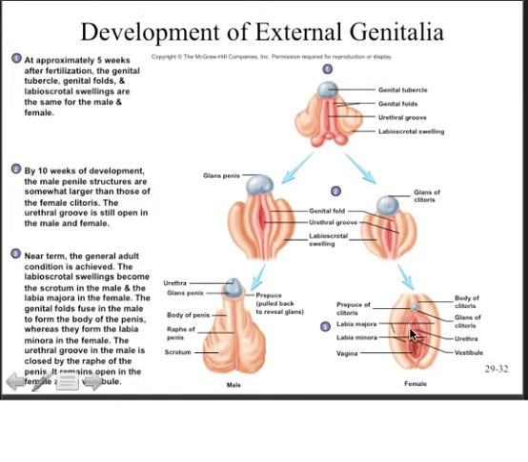Okay, so you can see here that we end up with a raphe in this case as we close at midline. Here, the vestibule requires that the raphe remain open. The urethral groove in the male is enclosed by the raphe of the penis, but it remains open in the vestibule of the female.